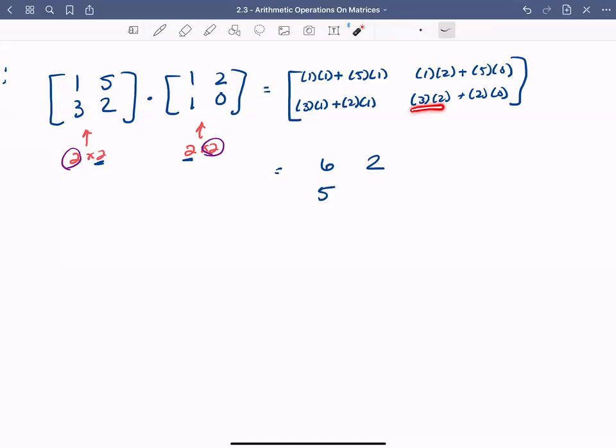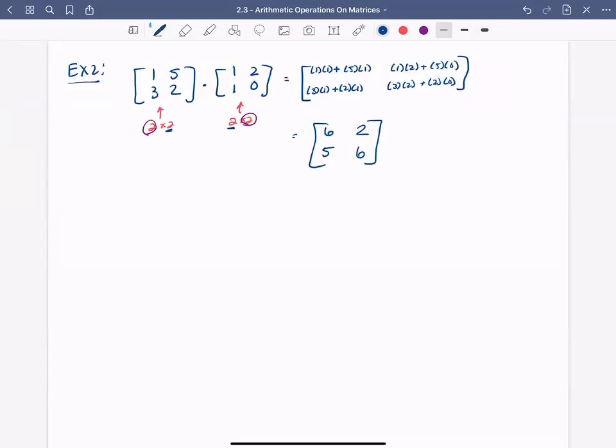And lastly, 6 plus 0 is just 6. So this is what I ended up with. And again, we wanted a 2 by 2, like we said, and we got it. Now that's great. It's a square matrix, so we should be able to do it. So let's go to example 3 and see what happens with some other ones that aren't square.